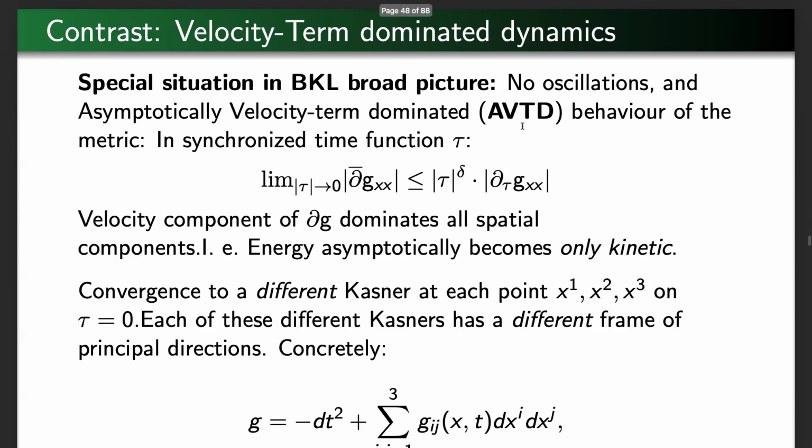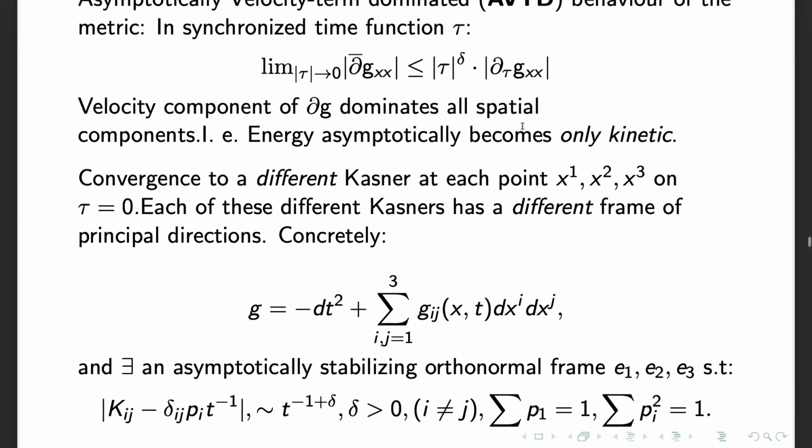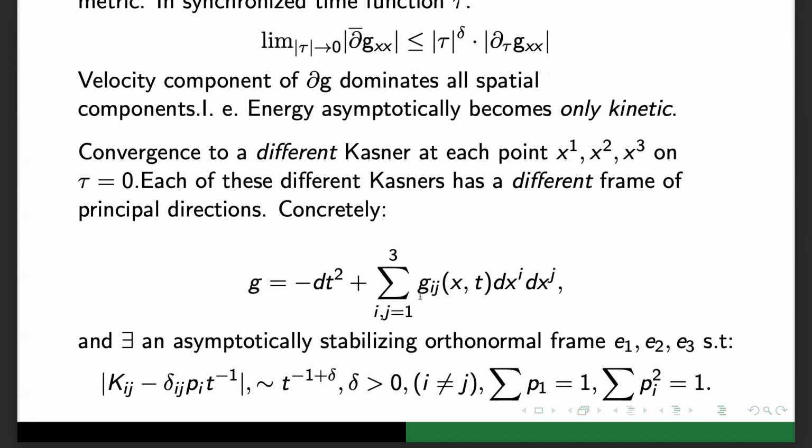So concretely, it would mean that the metric would look like this. You have a splitting. If you take a Gaussian-type gauge, a time parameter like this, the metric would have a splitting, so everything is contained in these components. If you are in AVTD, it would mean that at each point there's a stabilizing orthonormal frame in the limit when time goes to zero.